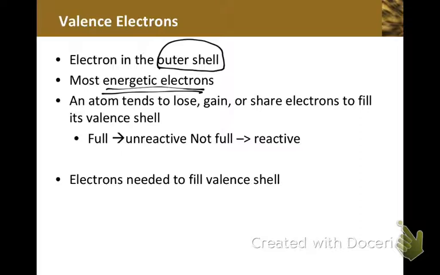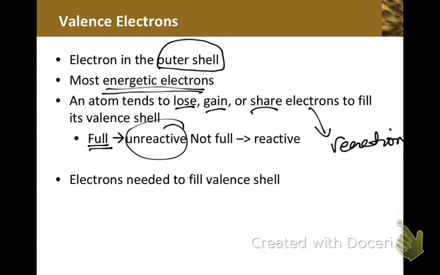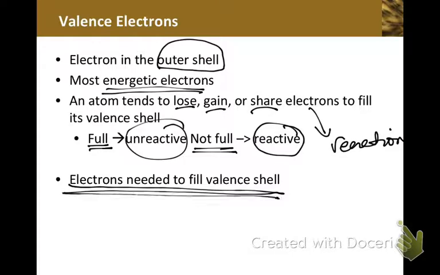And when atoms lose, gain, or share electrons, that is what is known as chemical reactivity, or a reaction. If those shells are full, they're not going to react at all. If they're not full, then they're going to react with other atoms to try to make them full. Electrons are needed to fill valence shells.